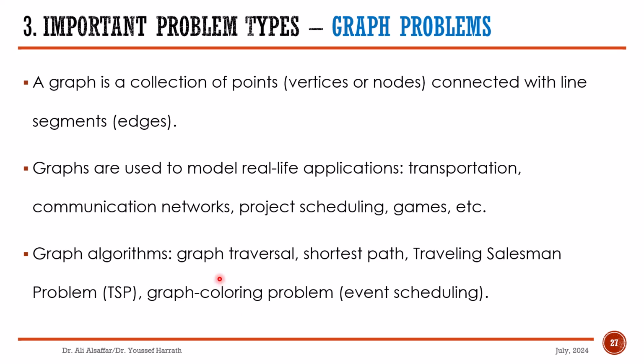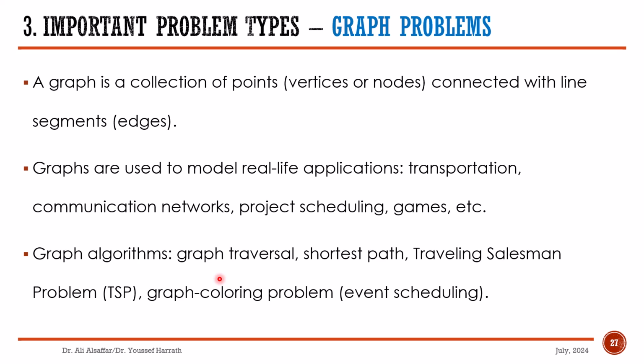Graph traversal algorithm is the problem of how can one reach all the points in a graph. Shortest path algorithm is the problem of what is the best route between 2 vertices in the graph. Traveling salesman problem is the problem of finding the shortest tour through n cities that visits every city exactly once.